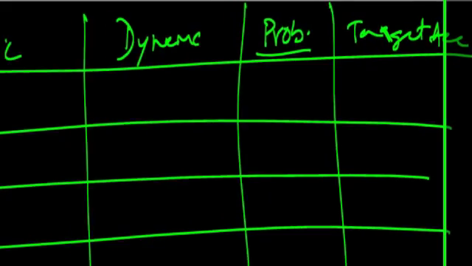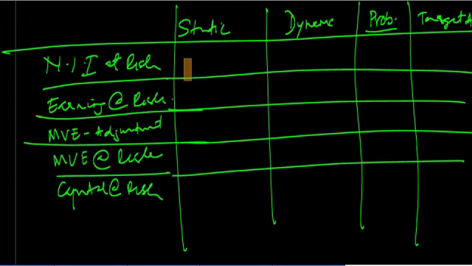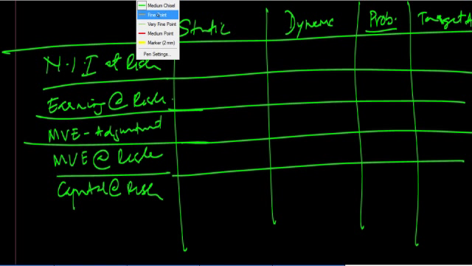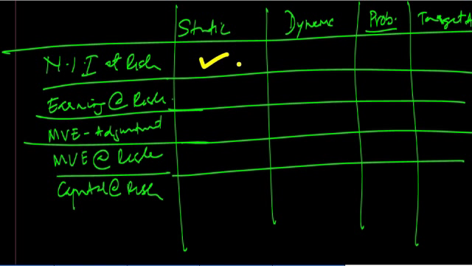NII at risk is a static report. It's not dynamic. Earnings at risk is a dynamic report. MV adjustment, just like NII at risk, is a static report because you start off with a preset, pre-given rate shock that then goes into your calculations. MV at risk is a dynamic report. And capital at risk is the same thing as MV at risk, also a dynamic report.